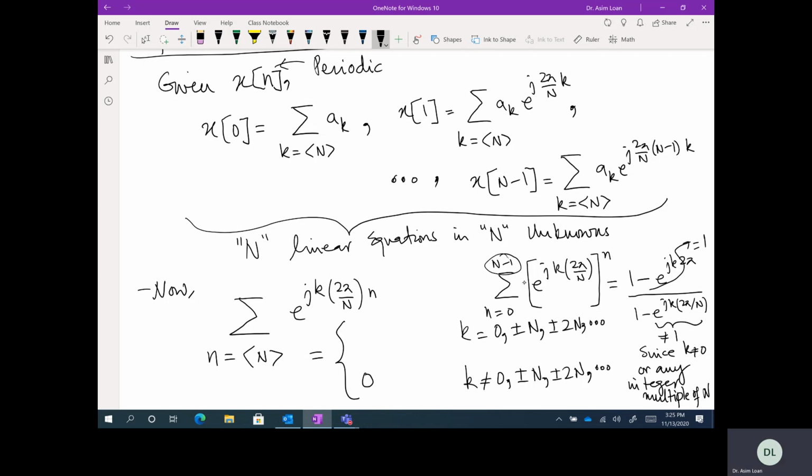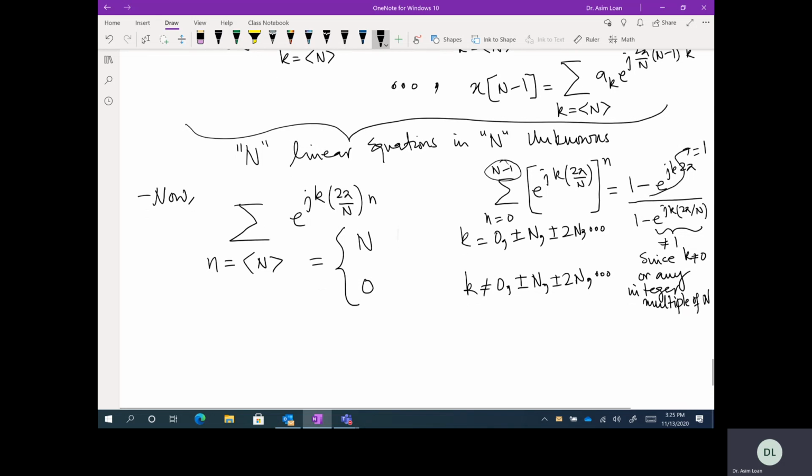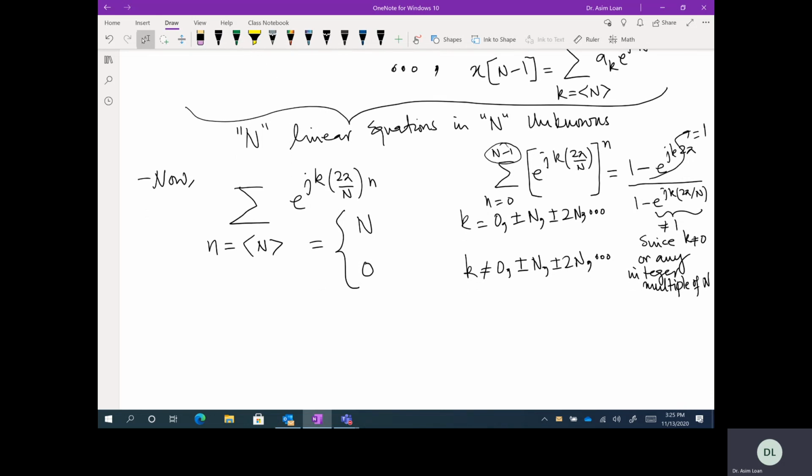Obviously e raised to 0 is 1, so it's a constant 1. We have only N terms here, so when you add from 0 to N-1, there are N of these, so this is equal to N. So this means the sum over one period.